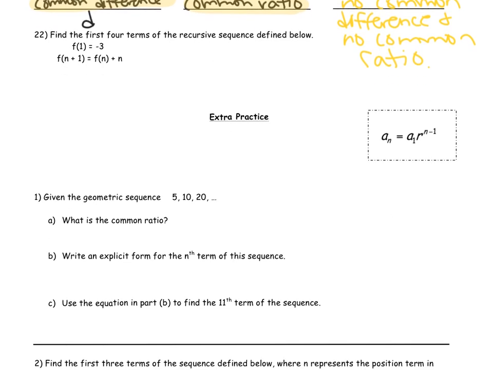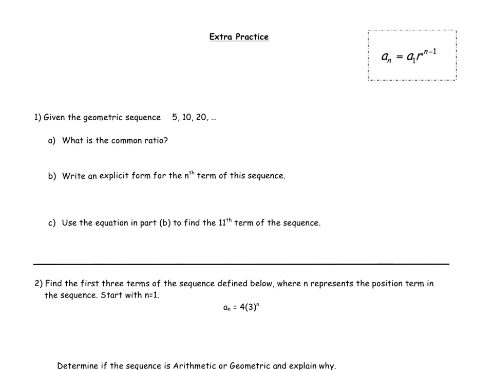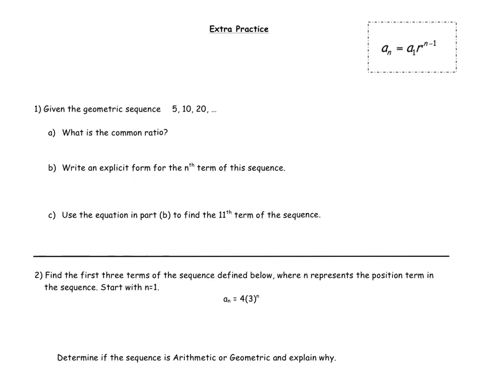Let's take a look at question number 1 where it says extra practice. And notice how I highlighted for you all as well that geometric sequence formula that you do need to have memorized. All right, again, so that's for your geometric sequence.